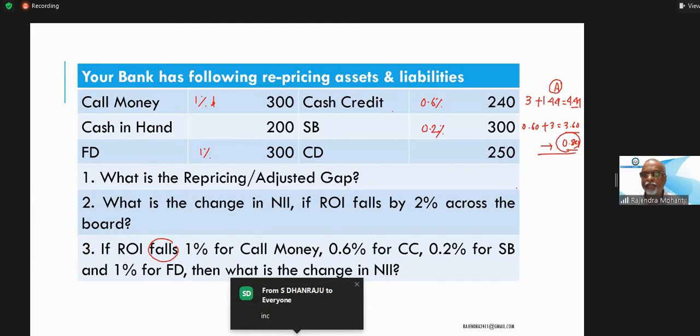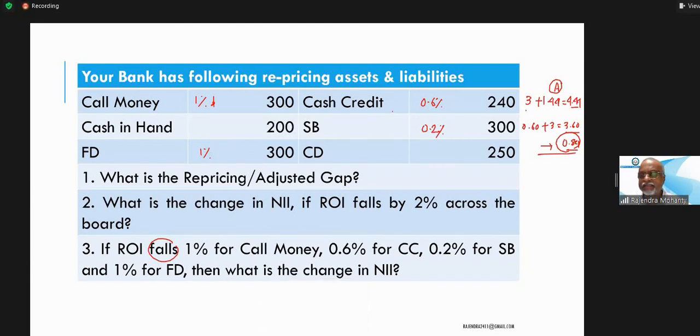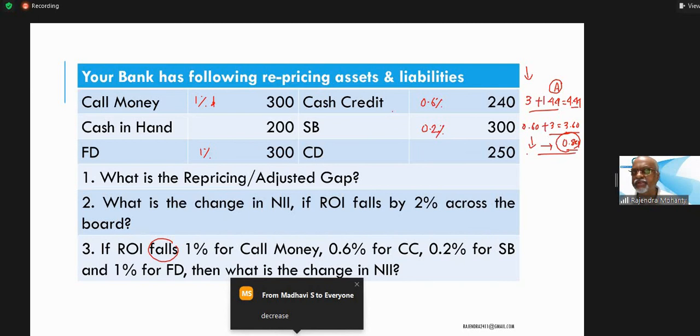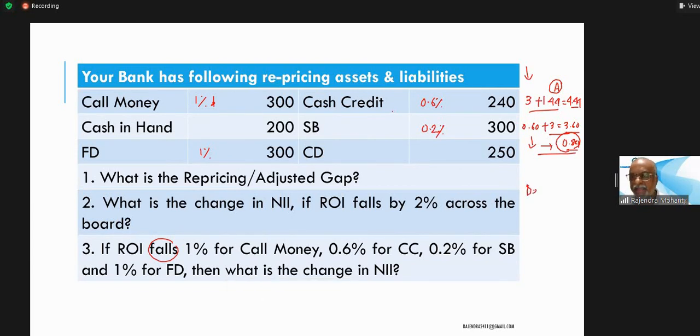So normally what will happen? See here, the asset side fall is happening and the liability side fall is also happening. So which is the bigger fall? The bigger fall is in assets. That means it will be decreasing, and the net impact will be decreasing. We are getting less than before. Yes, decline. So NII will decline by 0.84, because this was our income which we are not receiving.